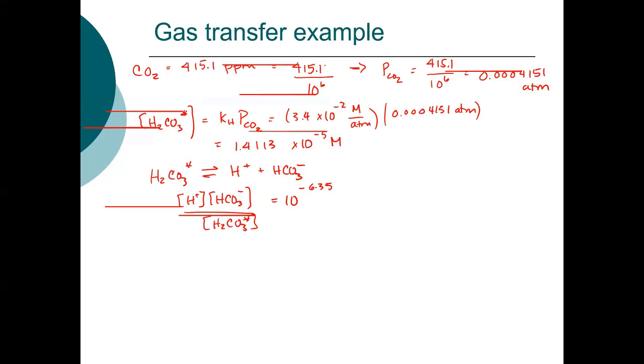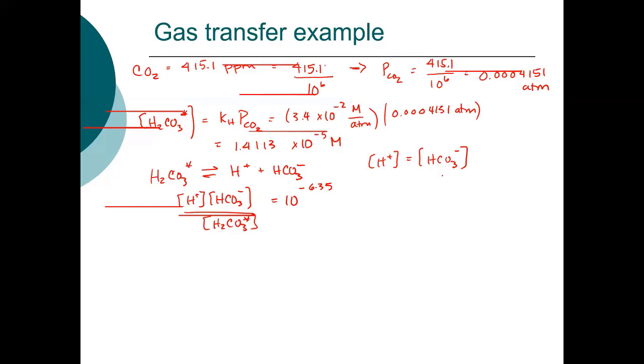That's the equilibrium constant. It's based on thermodynamics. You can find that, for instance, in tables. We're going to make an assumption that there's nothing else in the solution other than pure water and the CO2, so that if this dissociates, the concentration of H plus is equal to the concentration of bicarbonate.